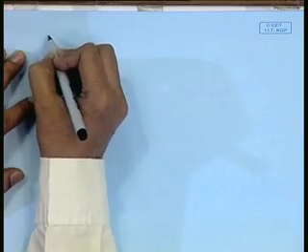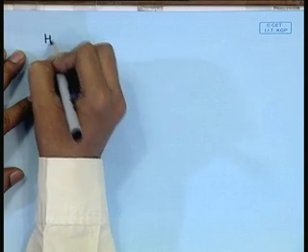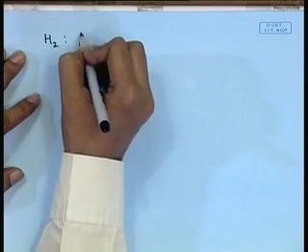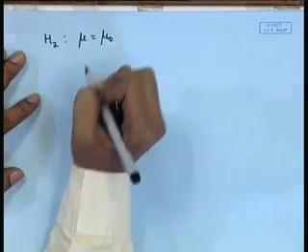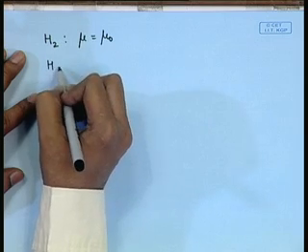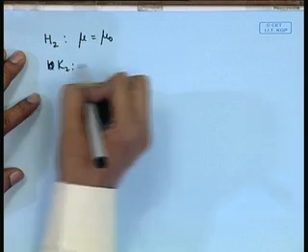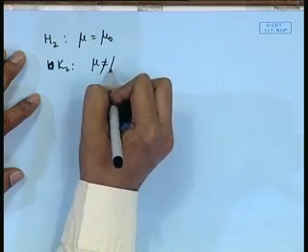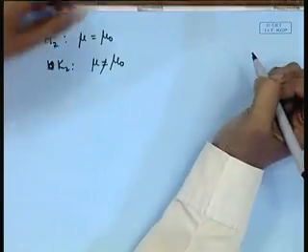Now, we may have a situation of different type. For example, we may like to test, let me give another name, say H2 mu is equal to mu naught against say K2 mu is not equal to mu naught. Now, this kind of situation occurs.